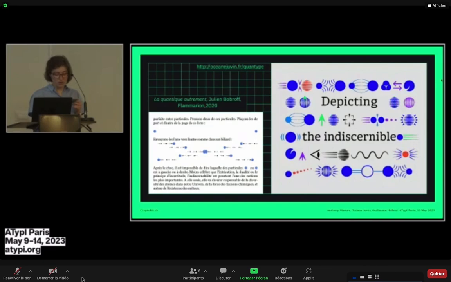It led to the creation of a font family, Quantype in French, containing an extended Latin alphabet and a set of symbols that represent quantum elements. You can see on the right, it was on the left at the beginning of the project, the pictorial signs integrated into the popularization discourse to facilitate the understanding of concepts that can be difficult to grasp. I invite you to go on the website that is still on the slide to have more information about this project.